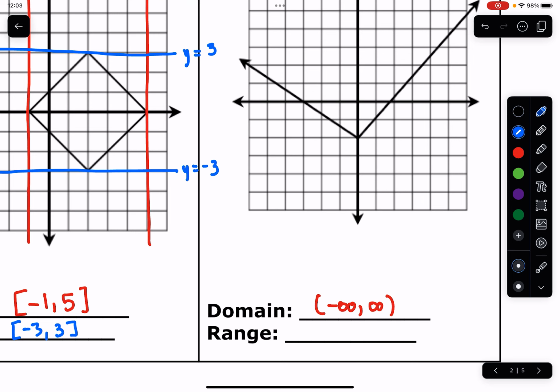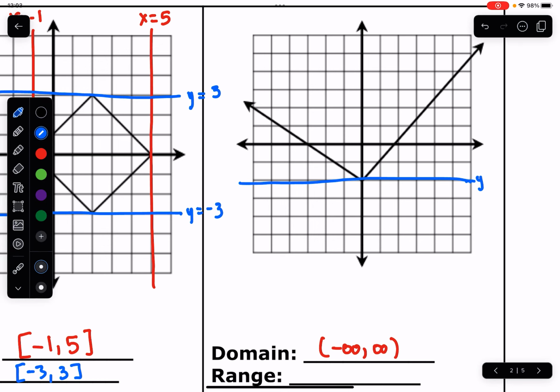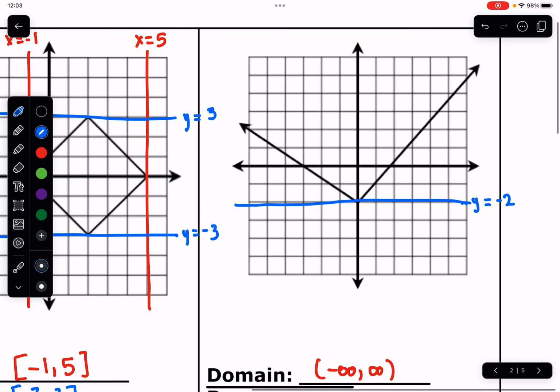Now the range is bounded on one side. On the lower end, it's bounded by this horizontal line. The function doesn't exist any lower than the line y equals -2. However, upwards, there is no boundary value above that.